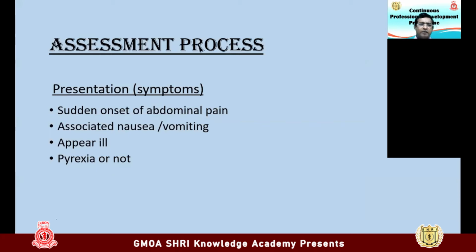We are worried if the patient has a sudden onset severe abdominal pain. Some patients come with chronic pains, which have been there for a couple of days or weeks, gradually progressive, and warrant them to come to hospital to seek medical care.